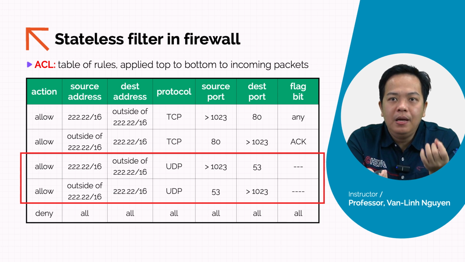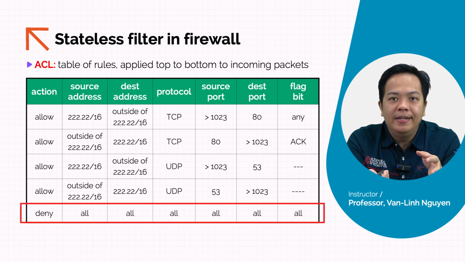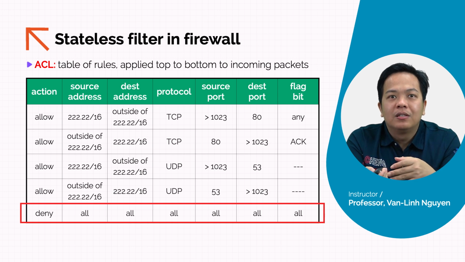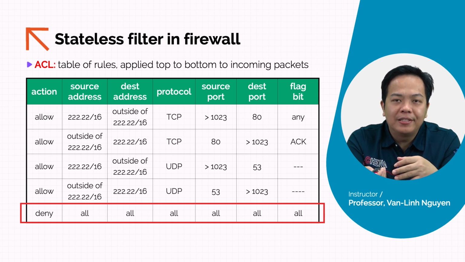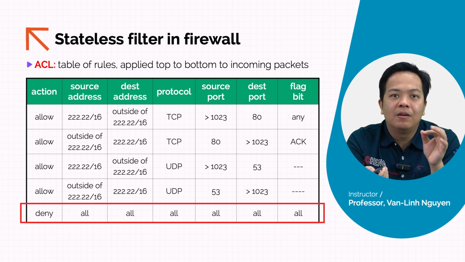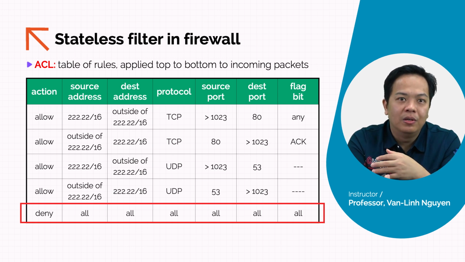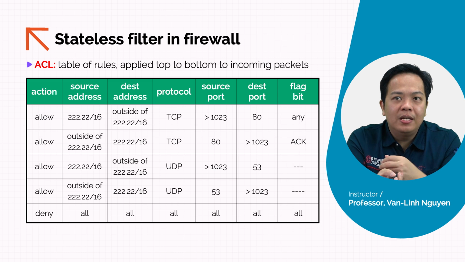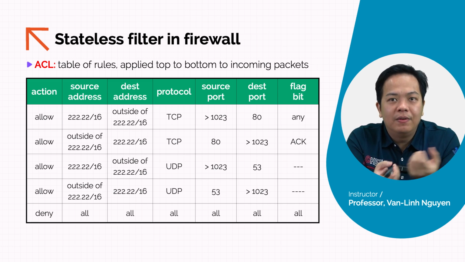So the third and fourth rules allow the DNS service, and the last one is deny all. So this firewall only allows DNS and the web service, and denies everything else.